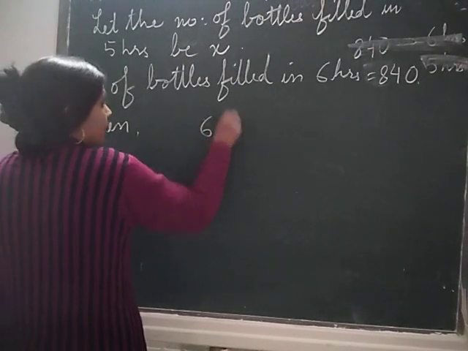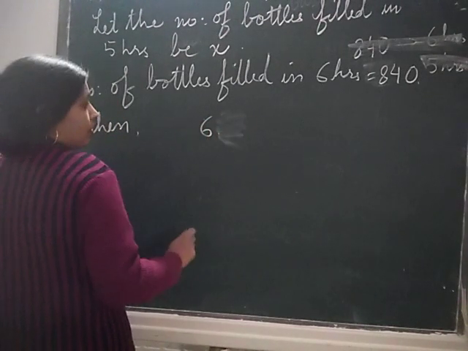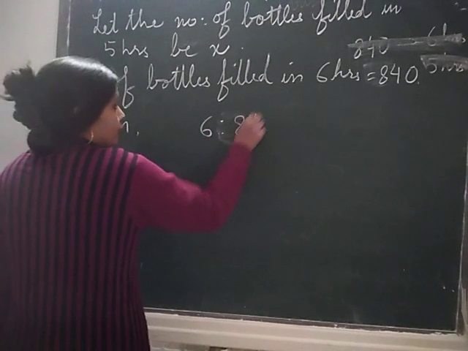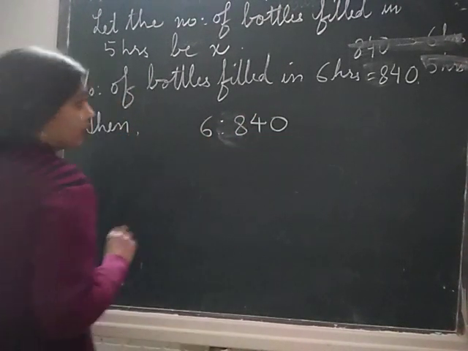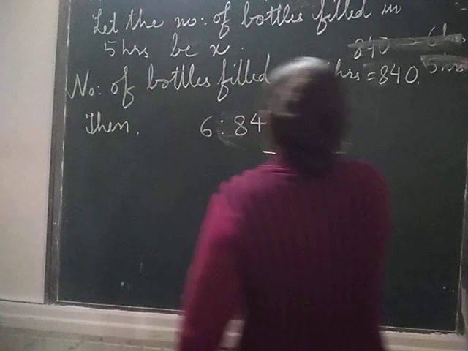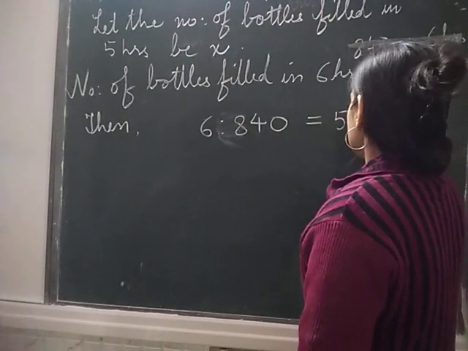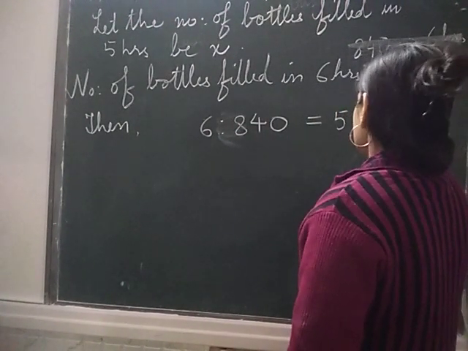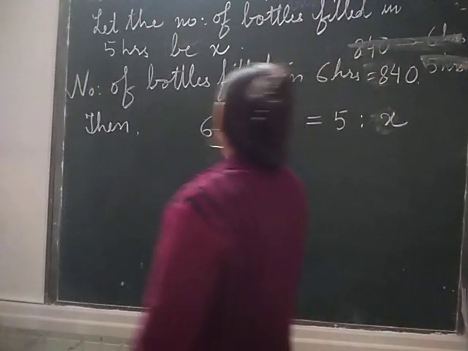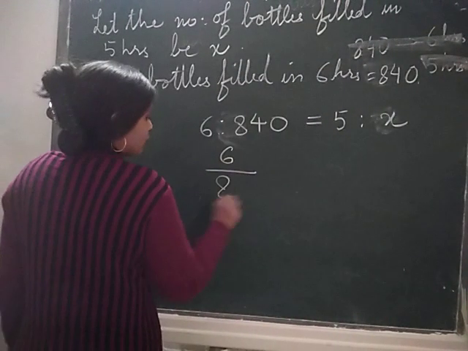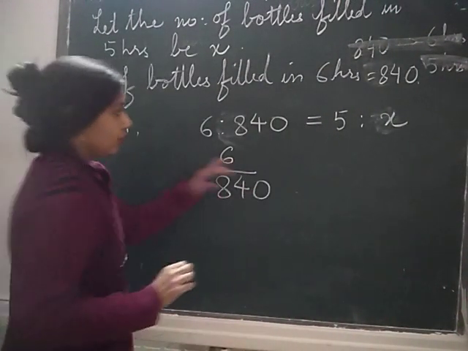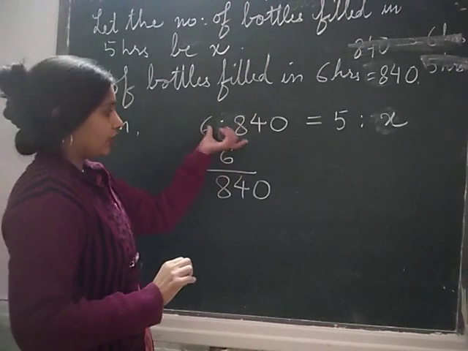In 6 hours 840 bottles, and in 5 hours how many bottles? That is x. So 6 by 840. Children, you can do ulta also, that is 840 can come up also.